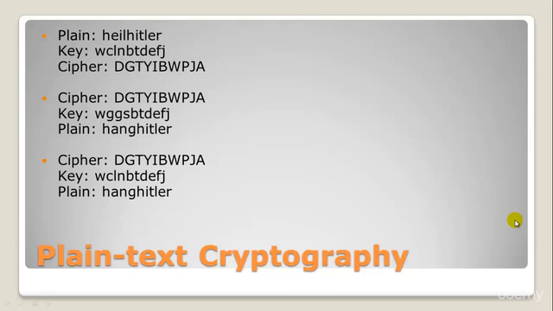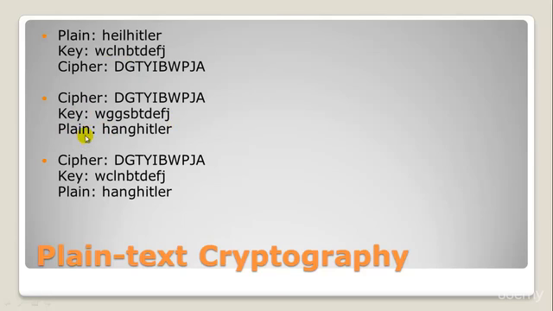To make it clearer, here is an example I will show you. This is how people used to send messages in the previous days. This was the plain text, and this was the key when it was decrypted. This was the exact cipher that came out when it was encrypted. Again, when this different key was used, the plain text was exactly the opposite.